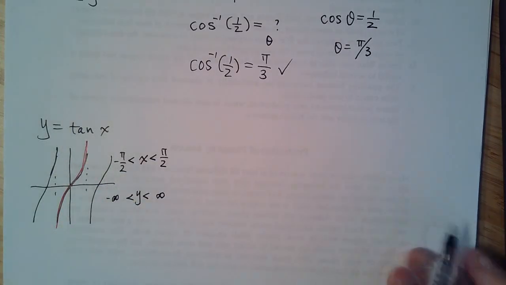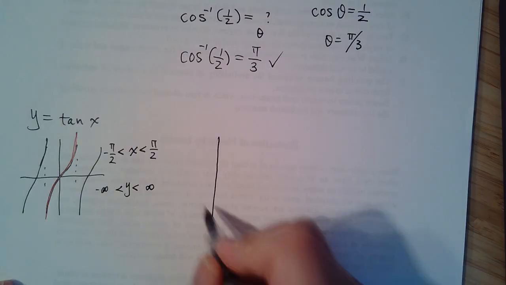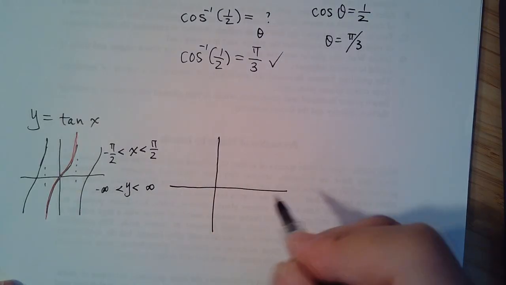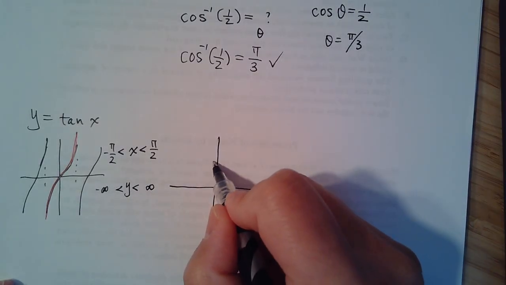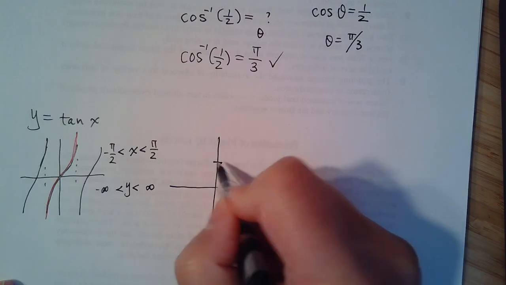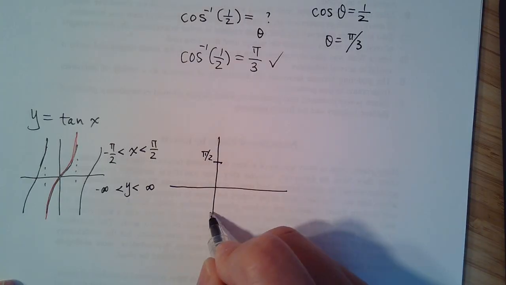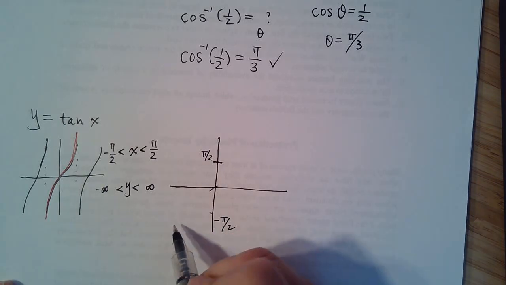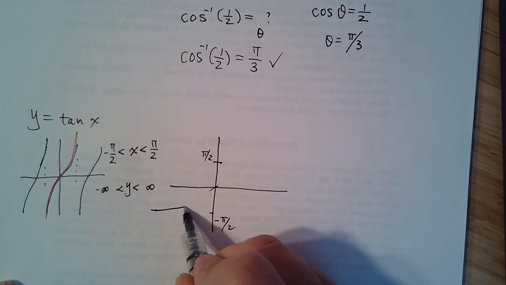If I only take the red piece and flip that along the 45-degree line, here is pi over 2, here is negative pi over 2, here's a 0. Guess what I get? Something like this.